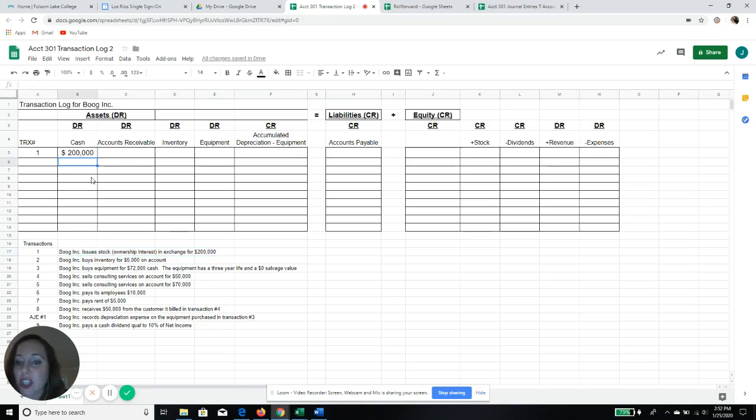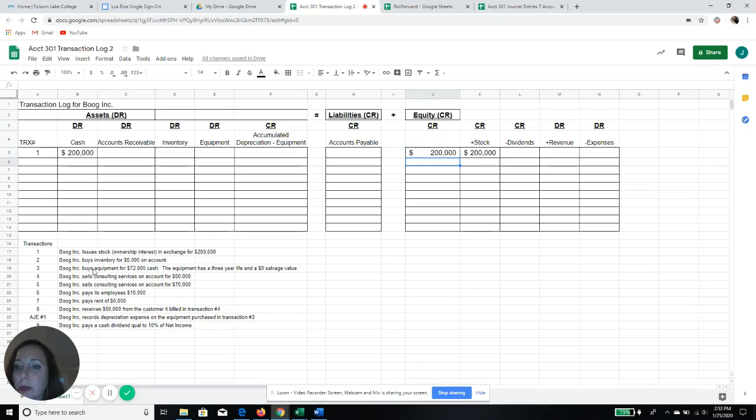And in exchange, we gave up ownership interest, stock. So our stock account will also increase. Okay, let's make sure that we've kept things equal. Our assets increased by $200,000 and our equity increased by $200,000. So we are in balance.